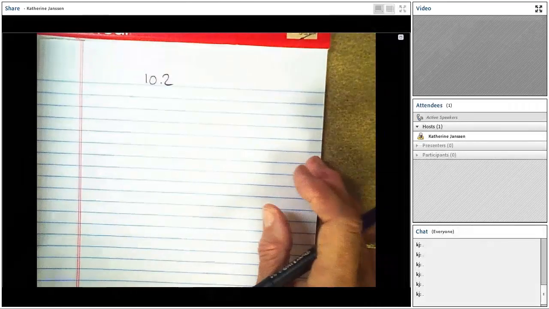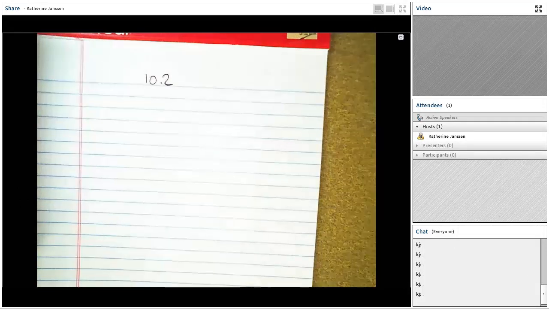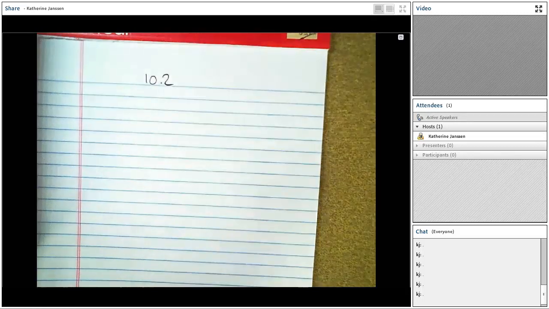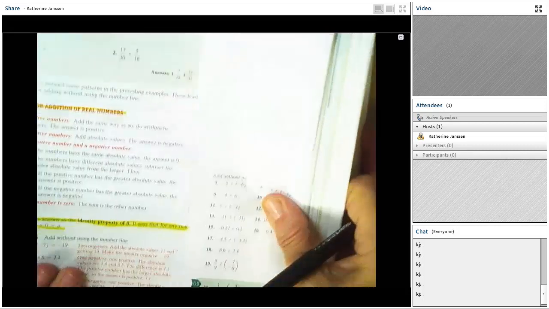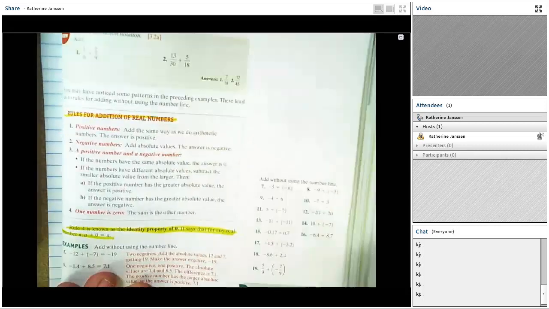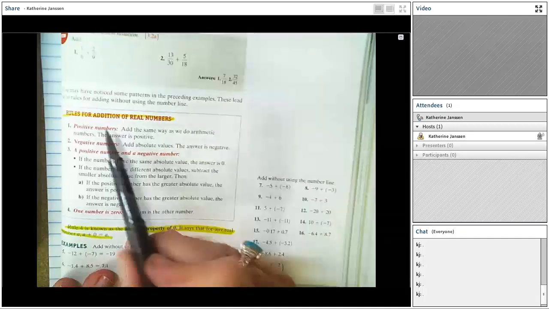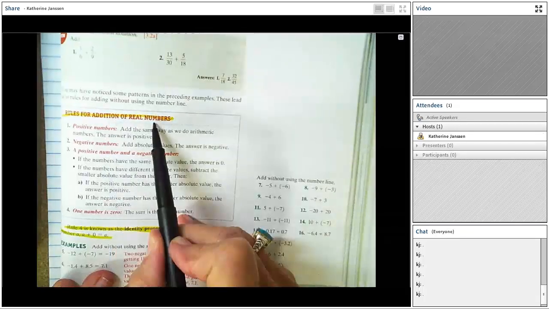So we want to define, on page 609, the rules for addition of real numbers.